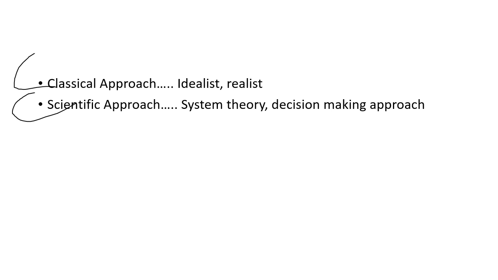So in simple words, we can say that the classical approach is the normative, qualitative, and value judgment approach. There are various variants of the classical approach, like the historical approach, institutional approach, philosophical approach, and legal approach. But broadly speaking, the classical approach has two main variants. They are idealist and realist.